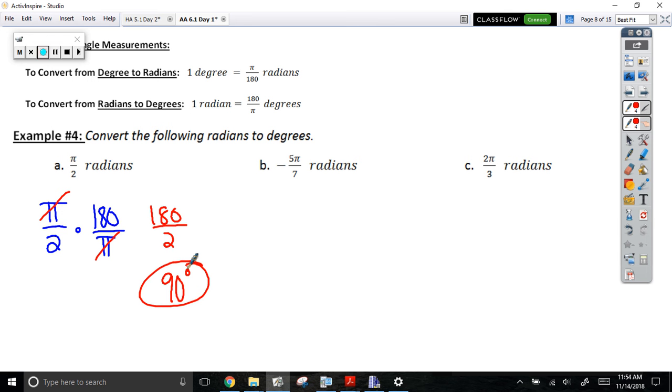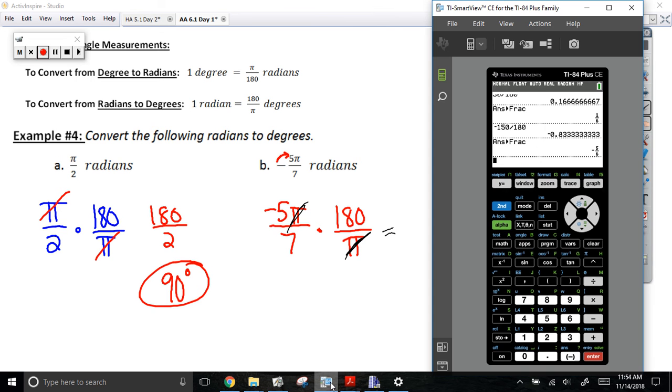Okay, now the next one has a negative out front. I always suggest putting the negative in the numerator. That way you don't lose it and think it's a fraction bar somehow. So let's do negative 5 pi over 7 times 180 over pi. So divide out our pis, get rid of those. And then in our calculator, we can just type in the numerator, negative 5 times 180.